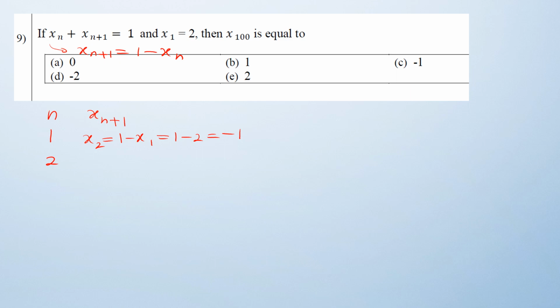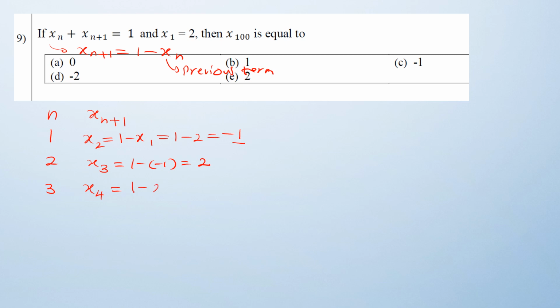When n equals 2, we have xn plus 1 as x3. Again, 1 minus the previous term. So we have 1 minus minus 1, the previous term, that is equal to 2. When n equals 3, xn plus 1 is x4.